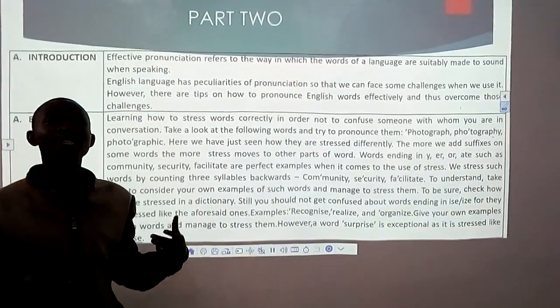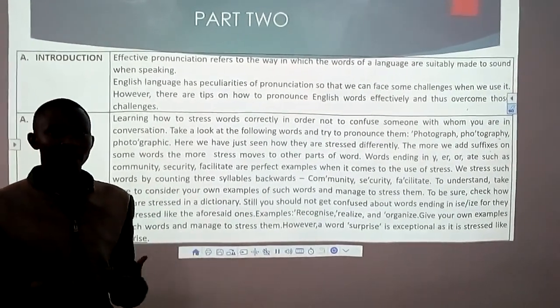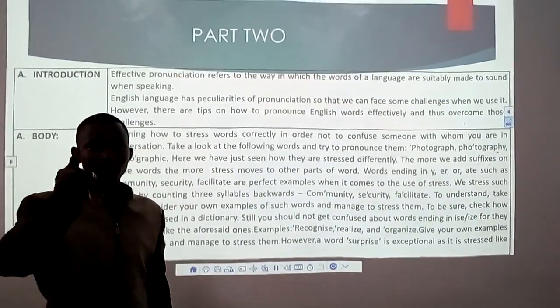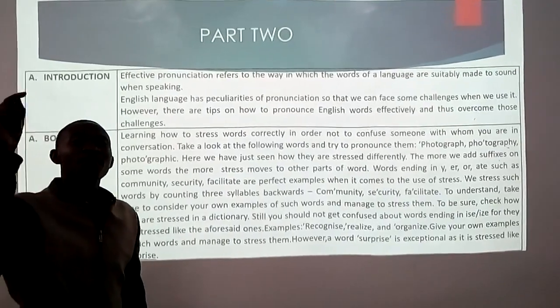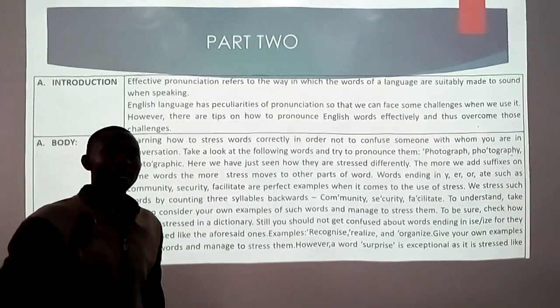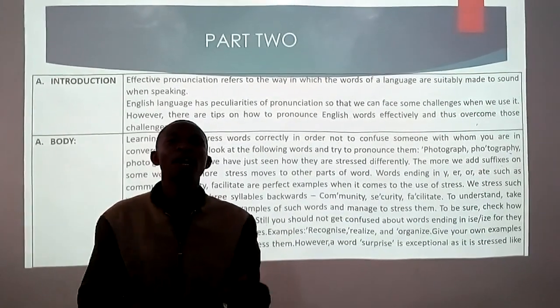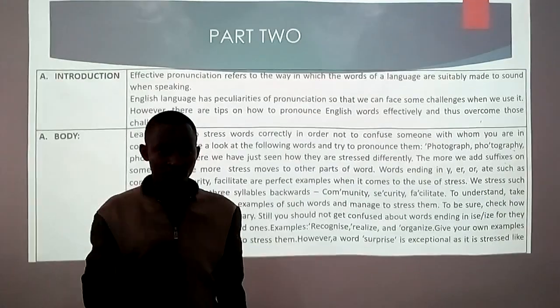Now I am facilitating, communicating. When you add ing, that cannot cause the stress to move. Okay? Say facilitate, communicate, operate, coordinate. Okay? If you stress coordinate wrongly, that is not true.